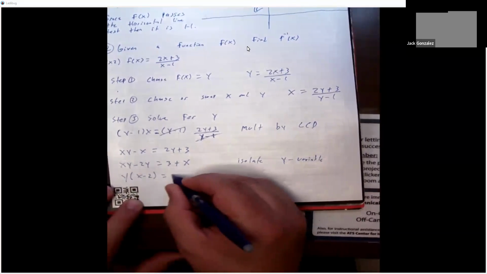So we factor y out: y times x minus 2 equals 3 plus x. I'm out of space, so I'm going to do the rest on the next page. I'll wait a bit.